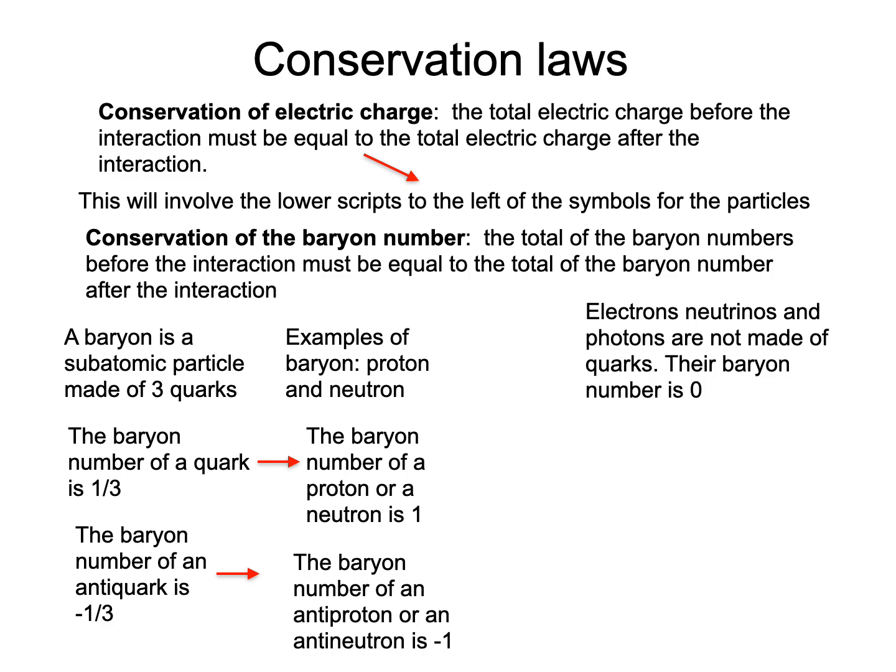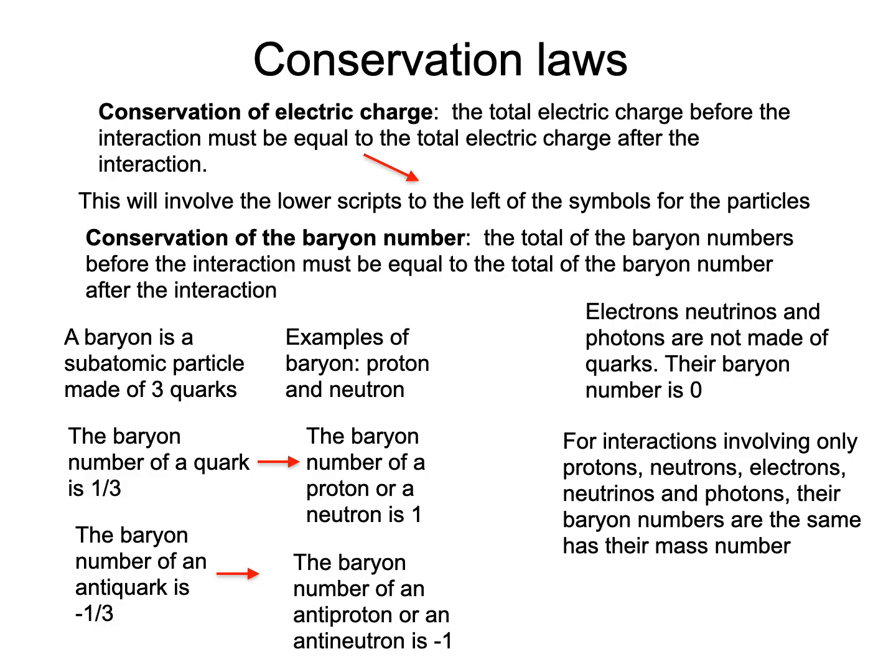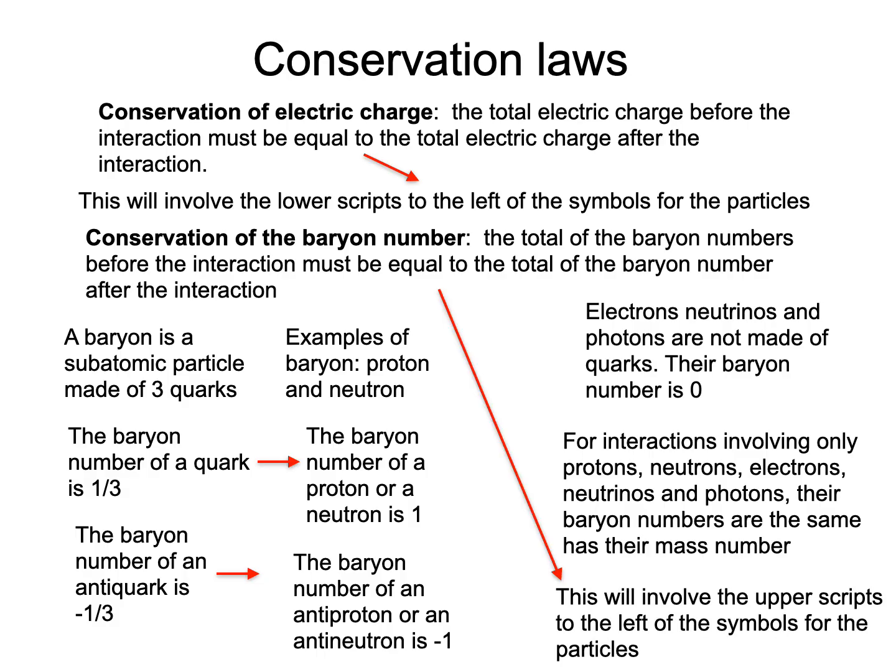This means that studying interactions that involve only protons, neutrons, electrons, neutrinos, and photons, which is what we'll be doing next, only uses particles for which their baryon number is the same as their mass number. It means that only working with these particles reduces the conservation of the baryon number to the conservation of the number of nucleons.